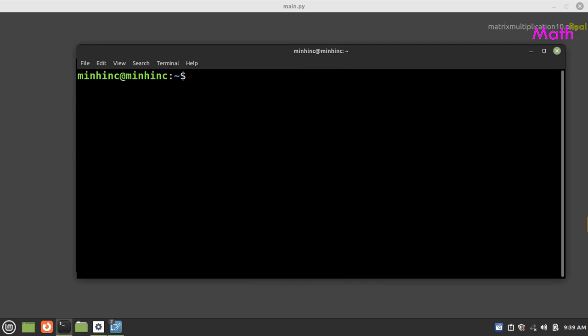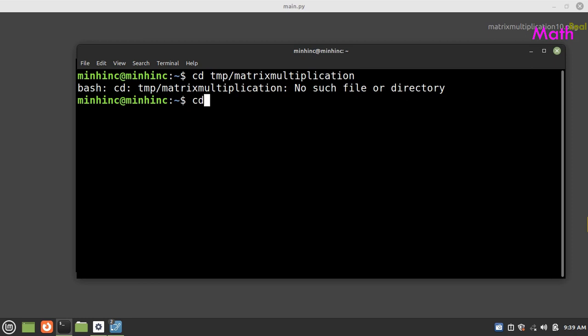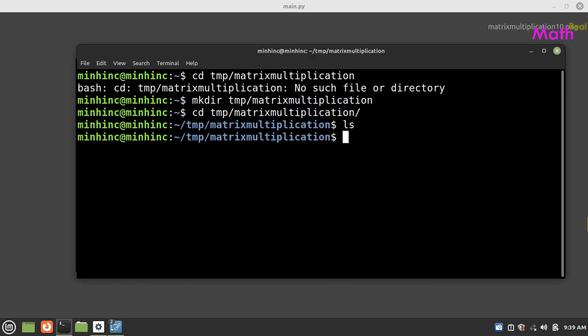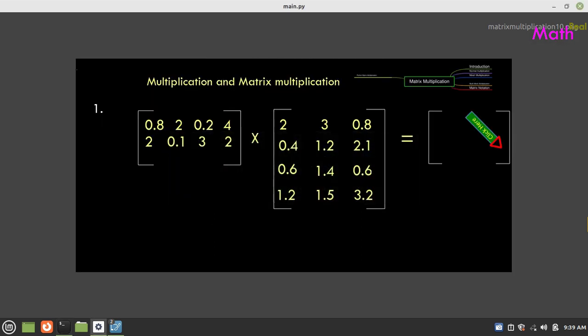So we'll create a directory temp, matrix multiplication. Okay, we'll have a file called mm.py. Now we can type in the matrix we have.